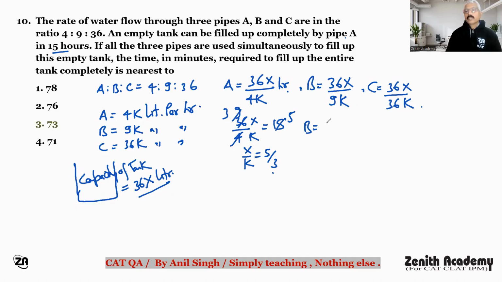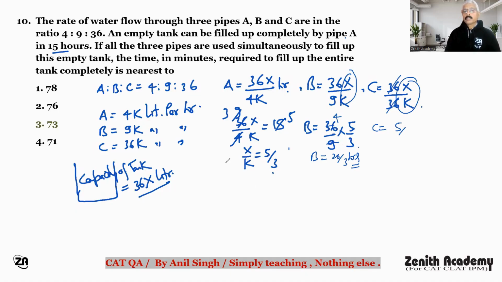So the time of B will be 36 upon 9 into 5 by 3, in place of x by K. So it is 4 into 5 by 3, B is 20 by 3 hours. And C will be 5 by 3 hours. So A will fill in 15 hours, B in 20 by 3 hours, C in 5 by 3 hours.